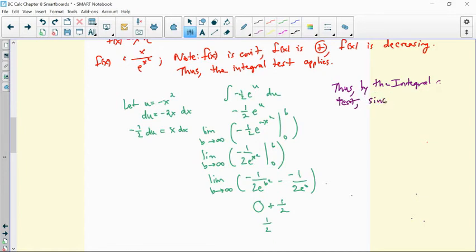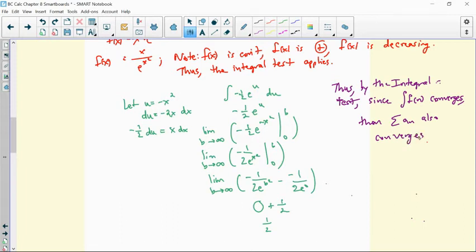Since the integral of f of x converges, then the series a sub n also converges.